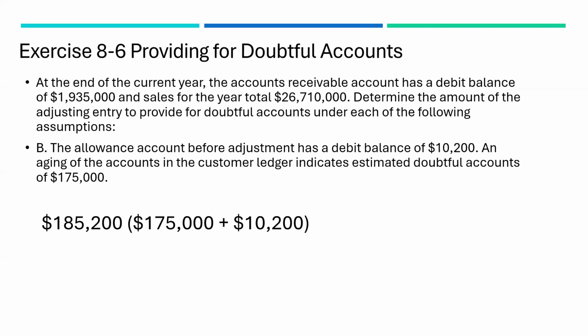If we use the aging method, and the ledger determines that the allowance is 175,000, and then before adjustment, it has a debit balance of 10,200.